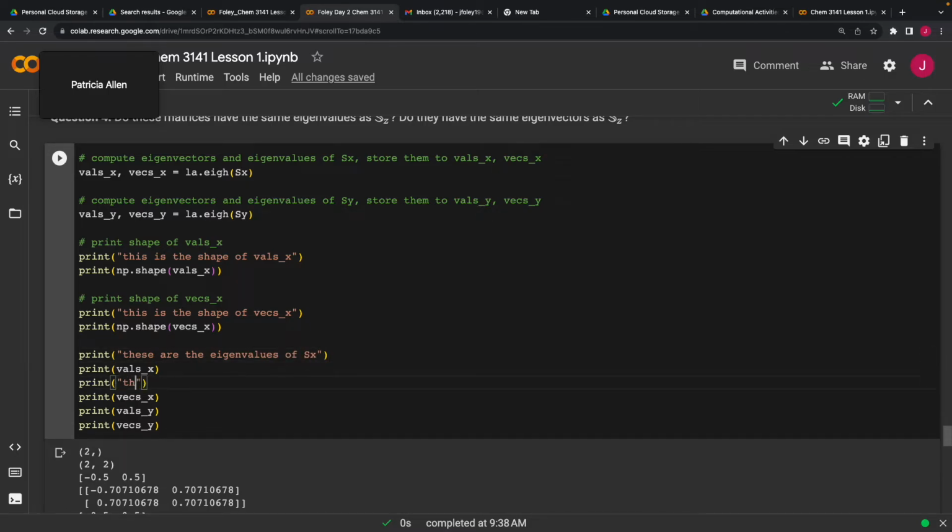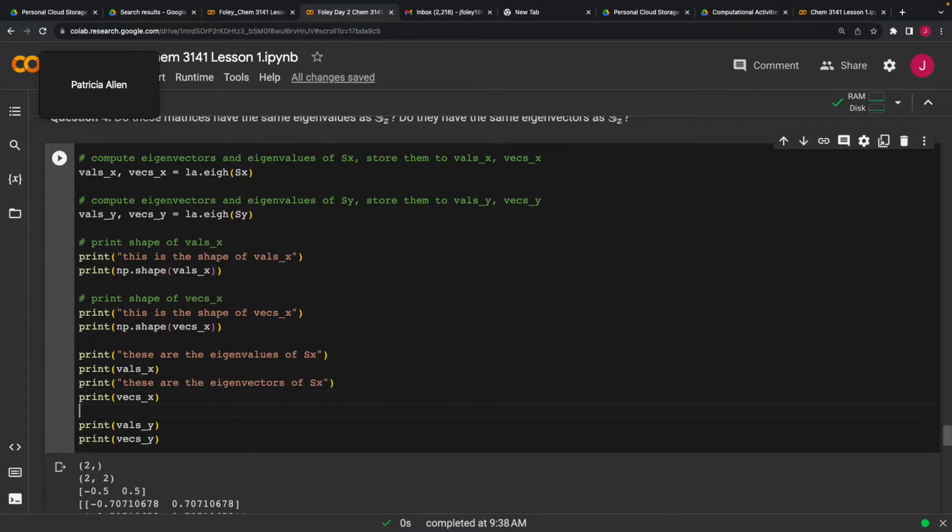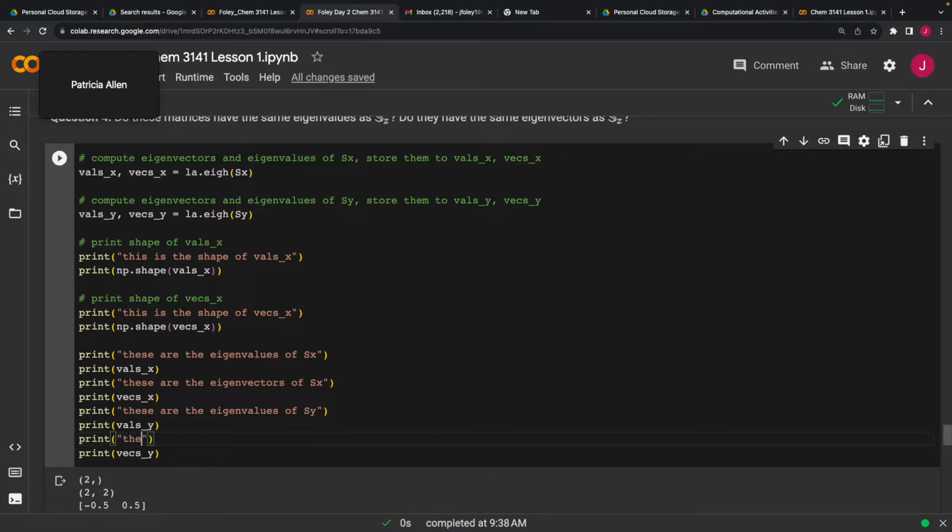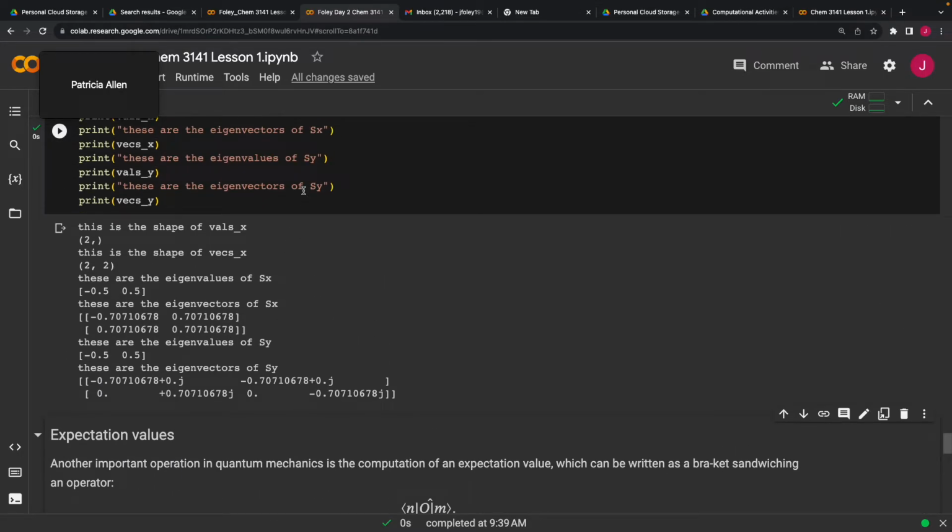Print these are the eigenvectors of Sx. These are the eigenvalues of Sy. And print these are the eigenvectors of Sy. Then you'll at least have a little bit of text above each line that reminds you what these things are.